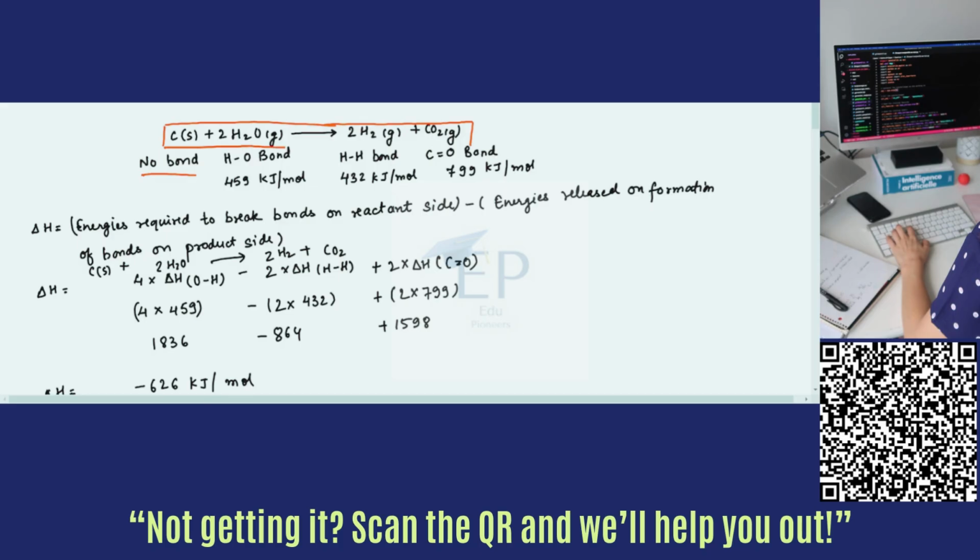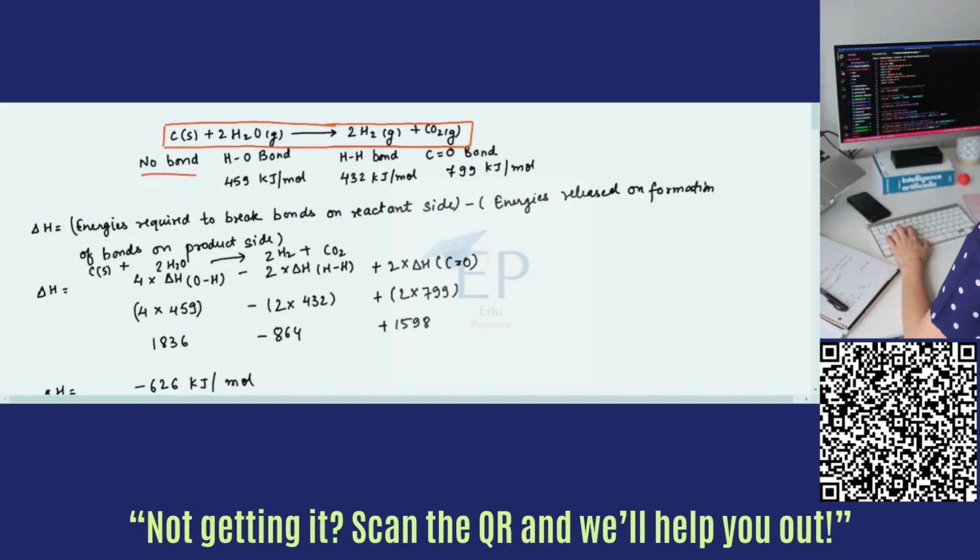So here from the left-hand side, in the reactant side we have four O-H bonds. Why? Because for one H2O gas, there is one O-H bond. Then if we multiply it by 2, it becomes 4 O-H bonds.